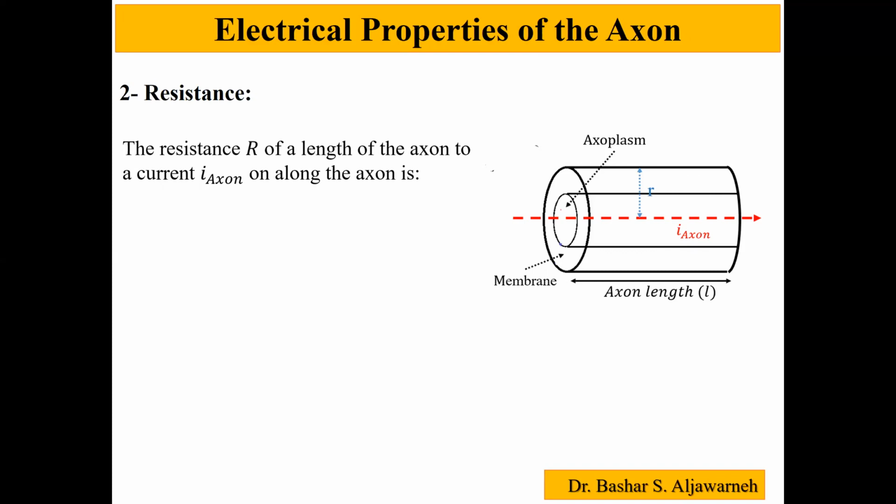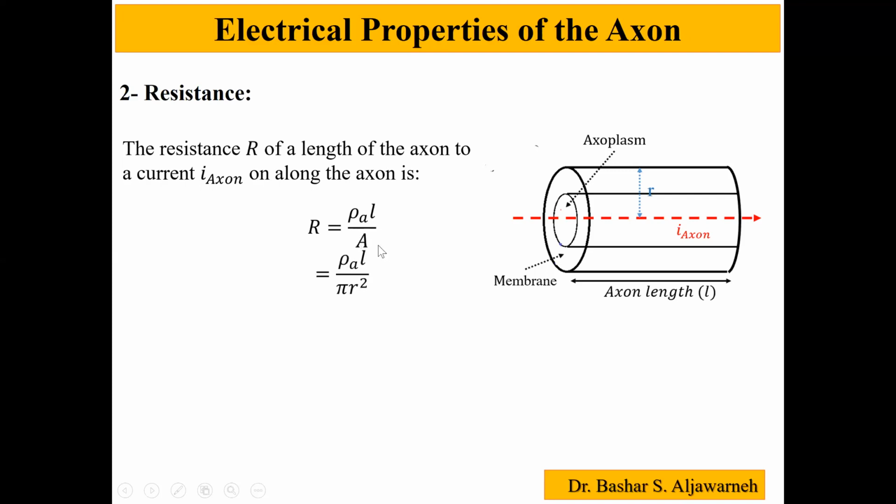What you need to know is that we have a resistance R over length L along the axon to the current passing through it. This is called the axon or axoplasm resistance, defined as the resistivity times L divided by the cross-sectional area.